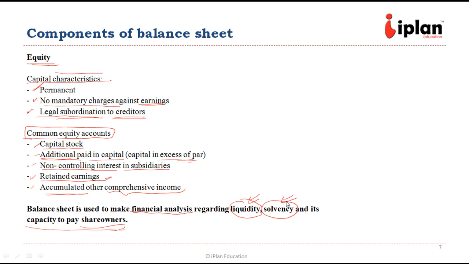Solvency represents that if the debt to equity ratio is lower, then it is more solvent. If it is higher, then it is less solvent. So all of this kind of information we can use from the balance sheet. On these lines we have multiple liquidity ratios and solvency ratios which are useful for valuation purposes as well. Now let us move to the next slide.